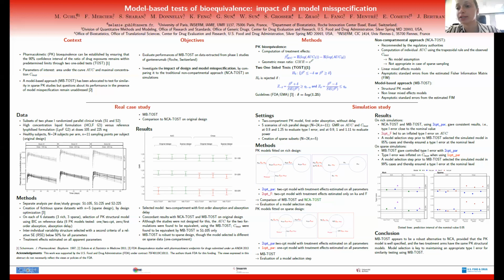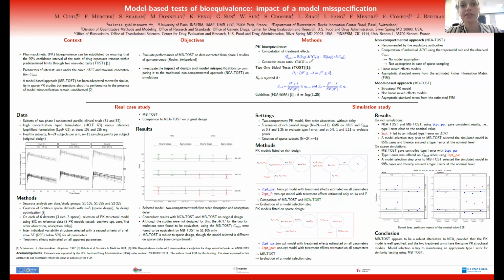These simulations were inspired by the case data. On rich design simulated data, we performed NCA TOST and MB TOST to compare them. And with MB TOST, we used two different kinds of models, a two-compartment model close to the one simulated, and a two-compartment model with a way to model the treatment effect that was different.